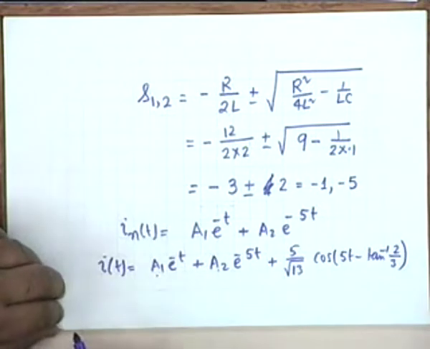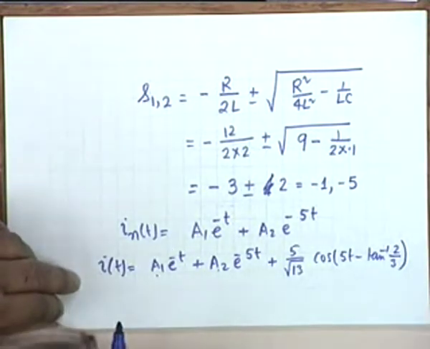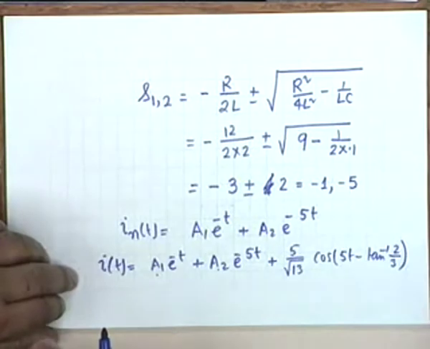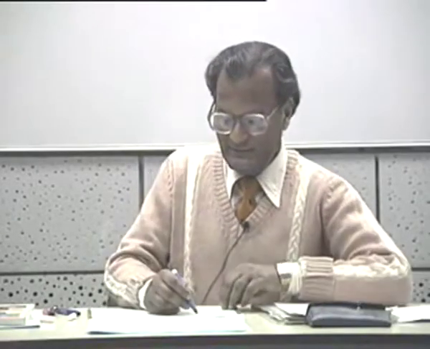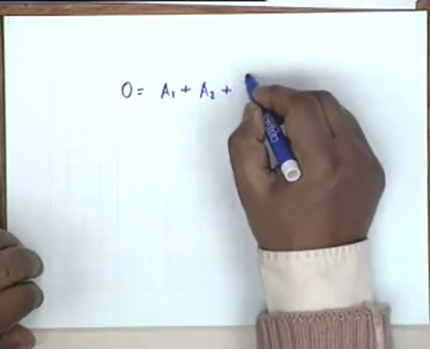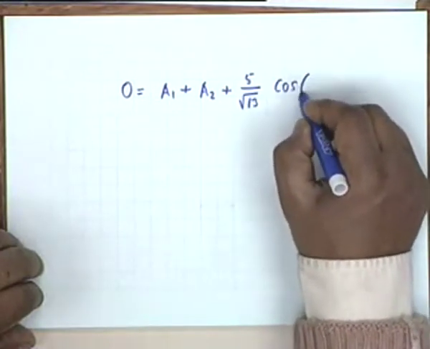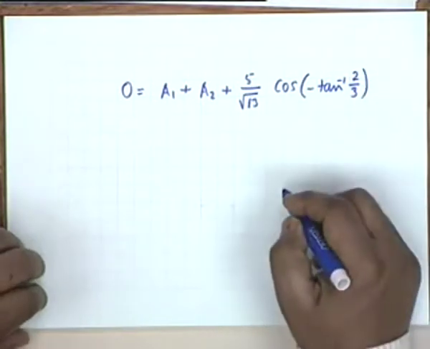Now what are the initial conditions? I of 0 shall be equal to 0 because the inductor current cannot change instantaneously, and therefore 0 shall be equal to a1 plus a2 plus 5 by root 13 cosine of minus tan inverse 2 by 3.